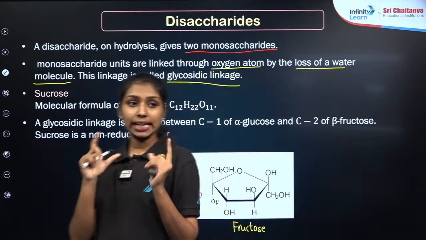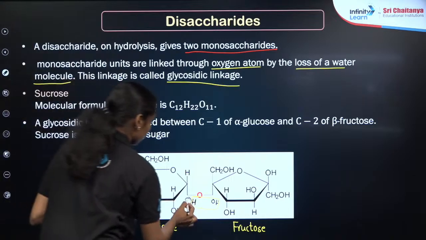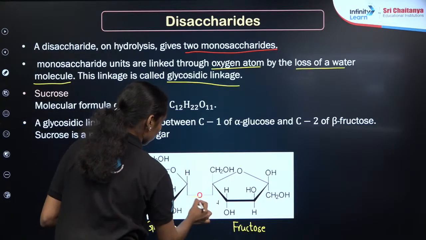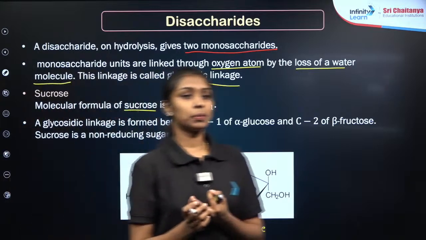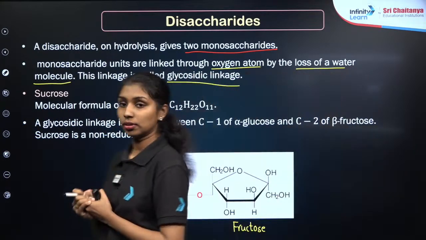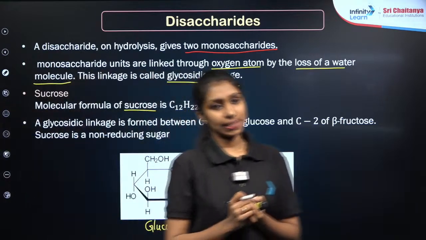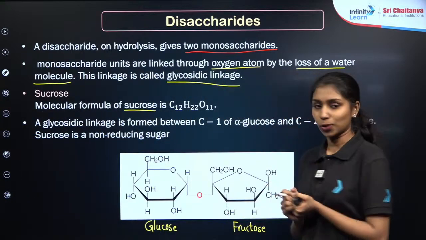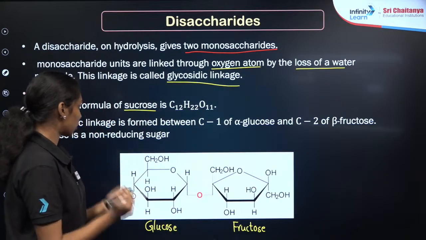That oxygen linkage is known as the glycosidic linkage. Clear? Just let me know. Yes, glucose plus fructose gives sucrose. Whenever sucrose undergoes hydrolysis, it will form glucose and fructose. Clear?